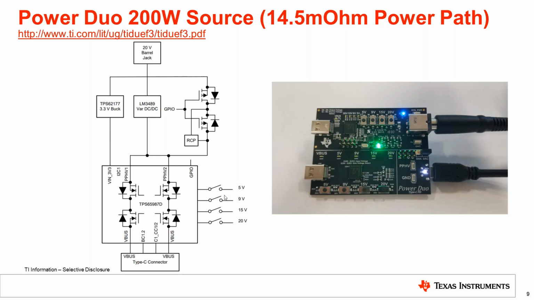And additionally, you can see how the buttons are used to interface with the PD controller to change your offered voltage. Finally, this board takes a standard 20 volt barrel jack supply as an input, and it then generates all those voltages using the variable DC to DC supply. So this is a board that's very easy to get up and running. You just plug in your laptop charger, and you're good to go.